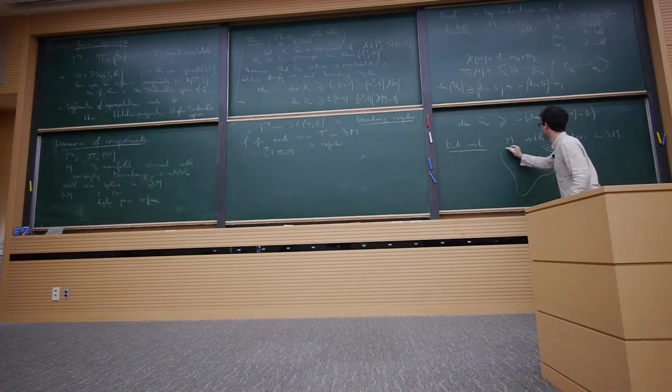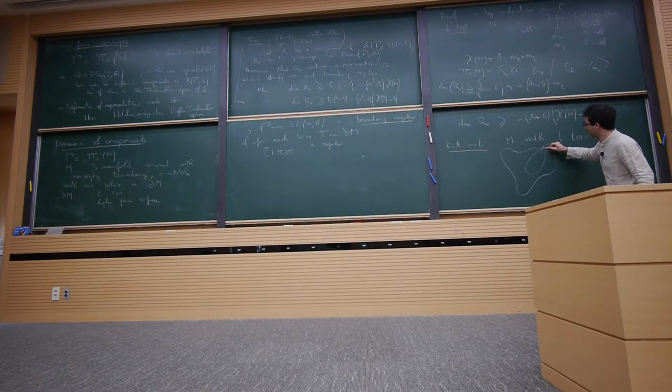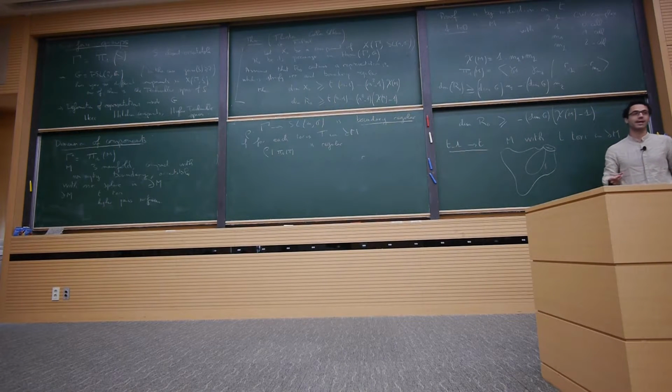Let's say t equals 1, and you want to destroy this torus. So you can choose a loop, gamma, and drill your manifold along gamma.